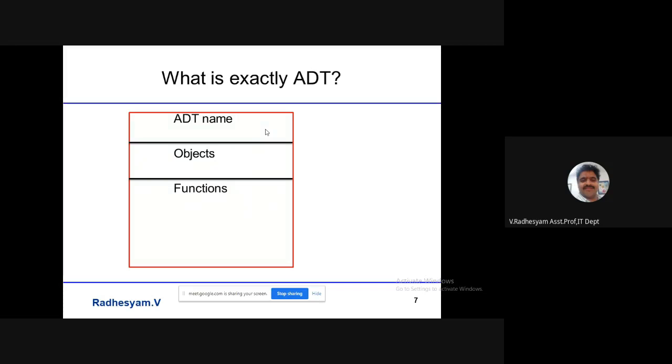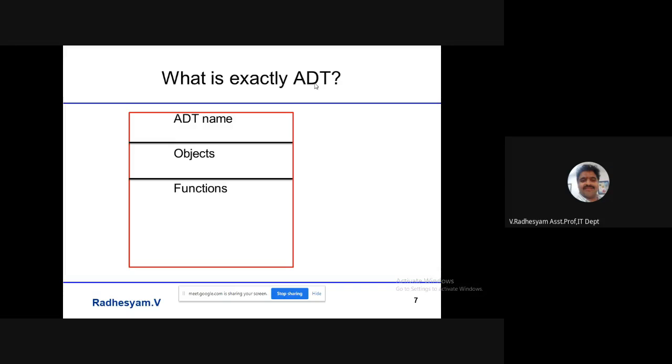Now, what is exactly ADT? ADT means abstract data type. It is a representation which exists for all the data structures.